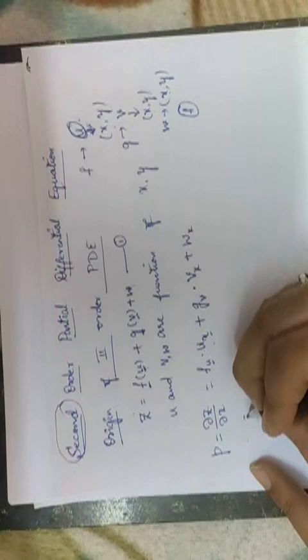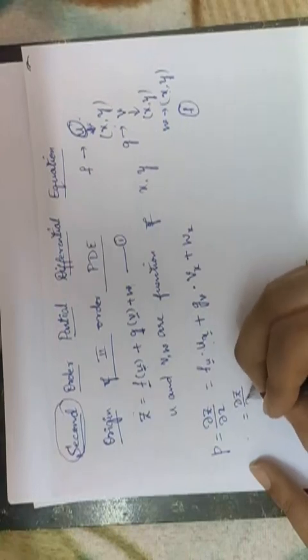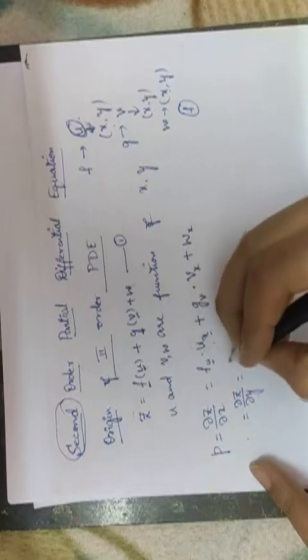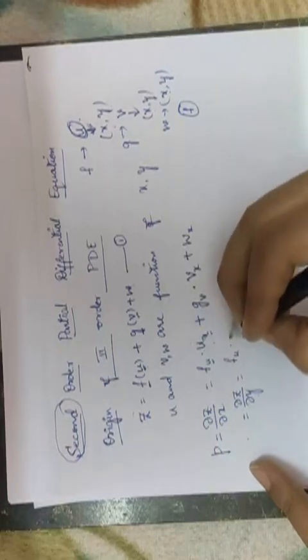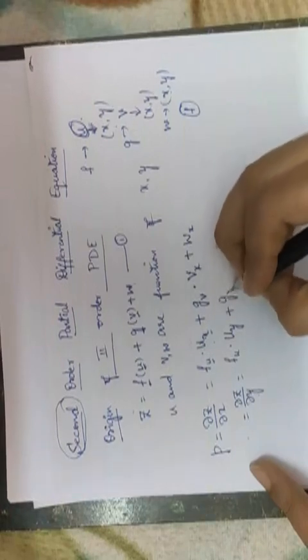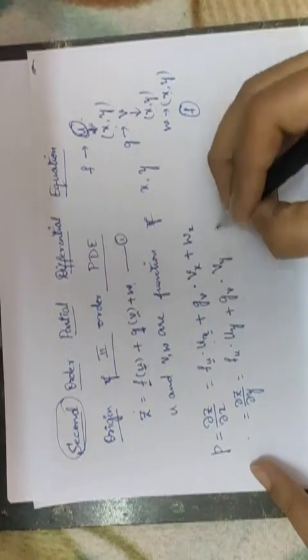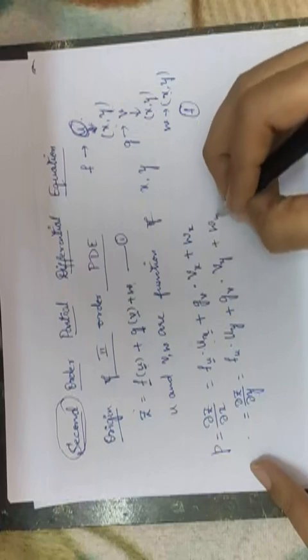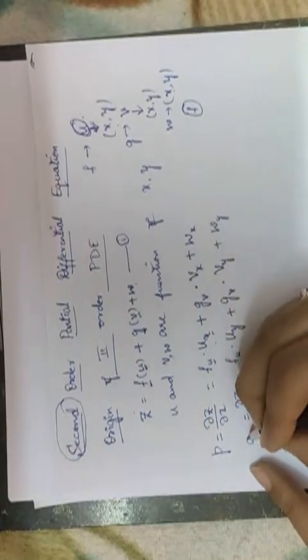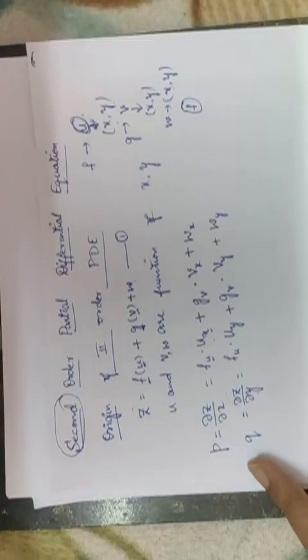Similarly, if I differentiate with respect to y, that is dou z by dou y, we will get fu into u with respect to y, plus gv and v with respect to y, and w with respect to y. So this dou z by dou y is nothing but q, alright?